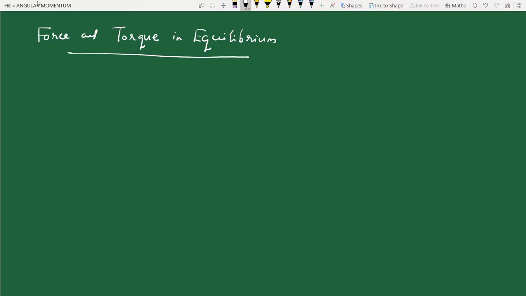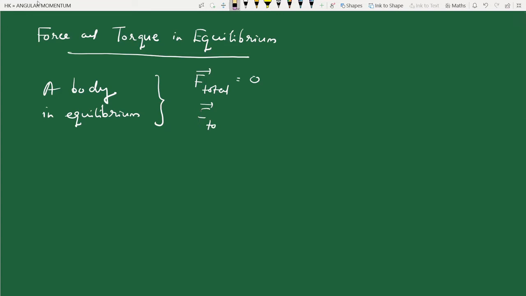Then if the body is in equilibrium, the total force acting on the body should be 0, and the total torque acting on the body is also 0.